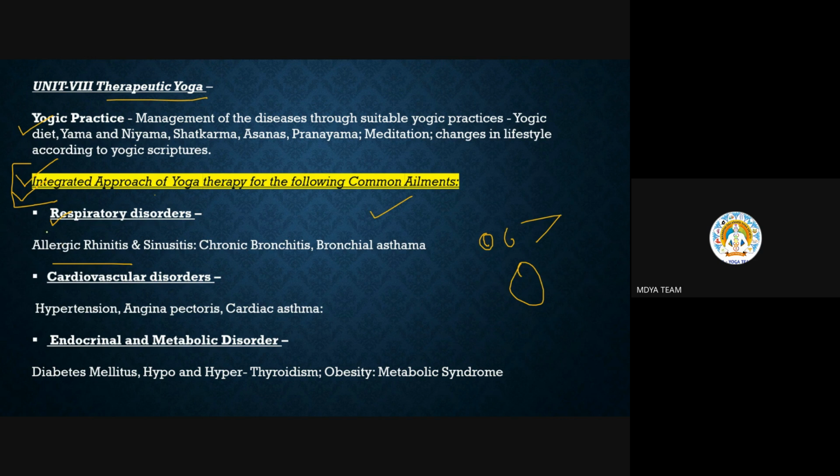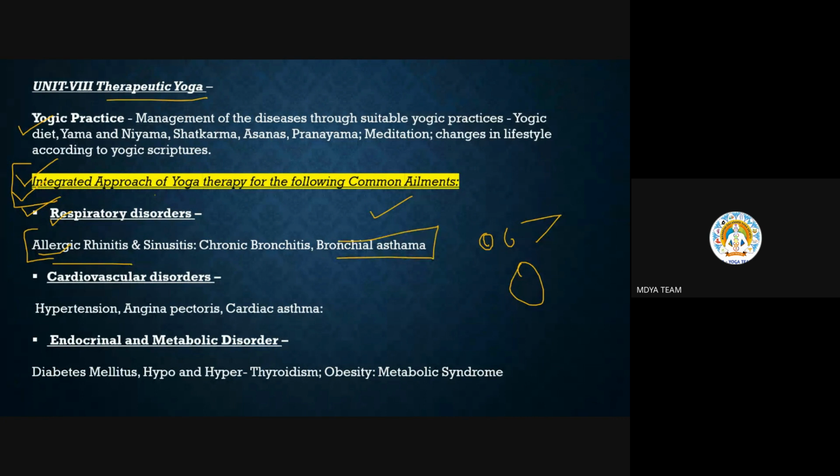So if we are taking respiratory disorders first, we'll go through all the diseases of respiratory disorders, like allergic rhinitis, sinusitis, chronic bronchitis, or bronchial asthma. All the four or five diseases that are there, we'll study them.